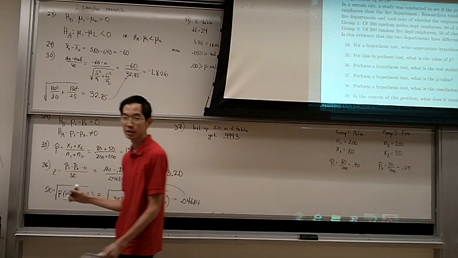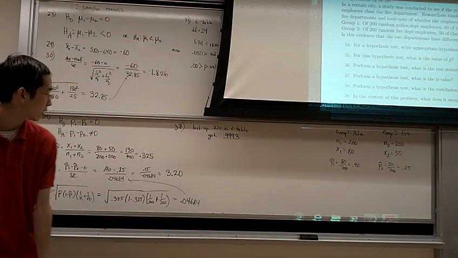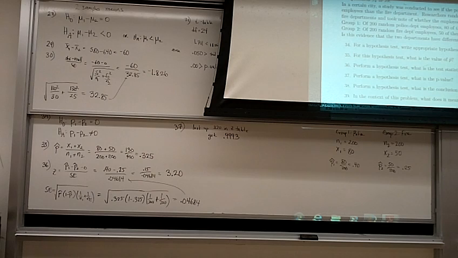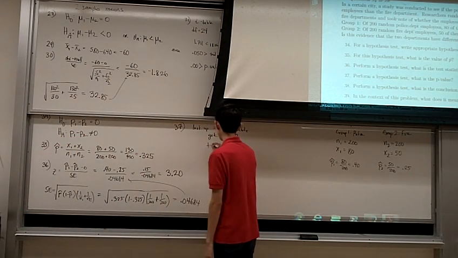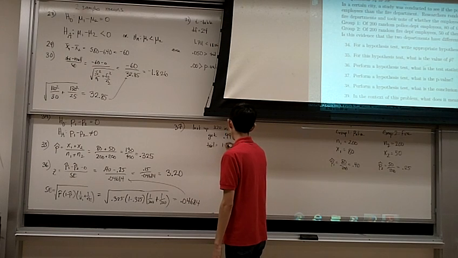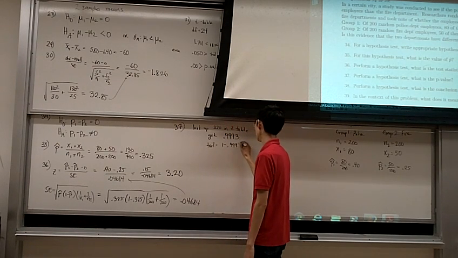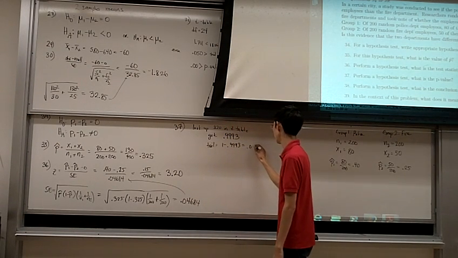Is that my tail area? No. What do I do to get my tail area? I have to subtract this from 1. So my tail area is 1 minus 0.9993, which is 0.0007.